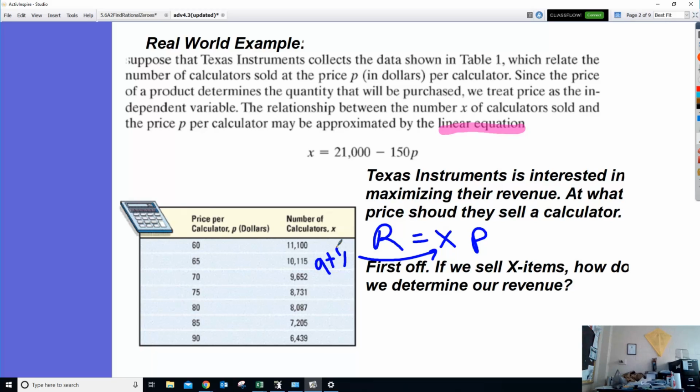Now, TI wants to maximize their revenue. We need to form the revenue function.